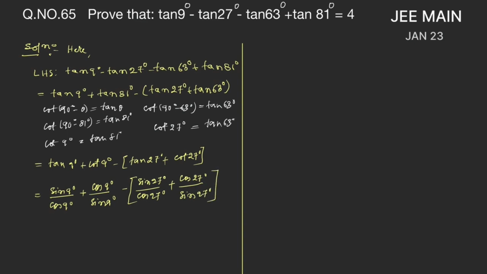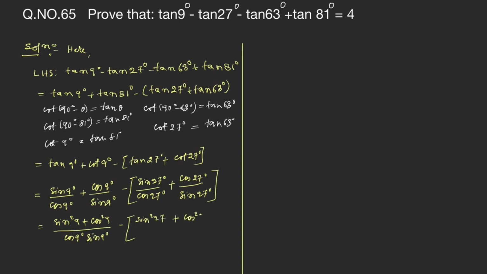If we simplify this, then we are able to write sin square 9 plus cos square 9 divided by cos 9 degree sin 9 degree minus sin square 27 plus cos square 27 divided by cos 27 degree sin 27 degree.